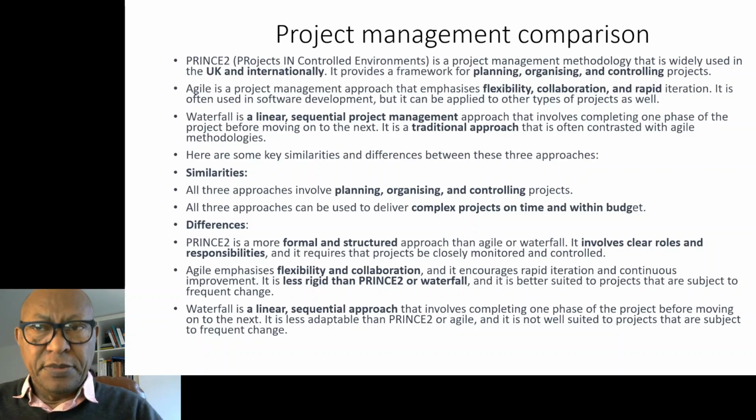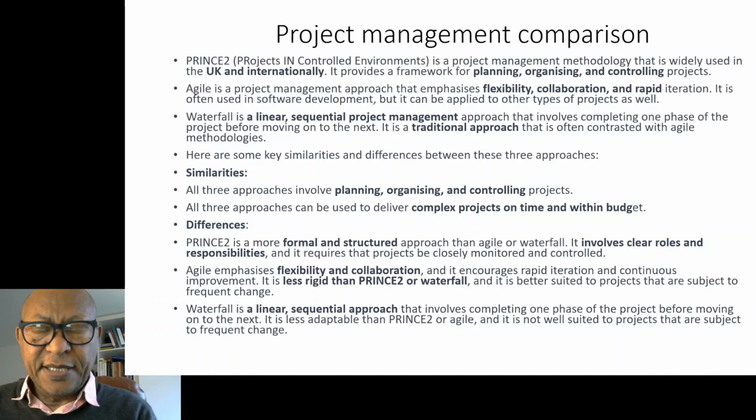Even though those three project management approaches can be used for different projects, they have their own strengths and weaknesses in here, and Agile is much more flexible. The Prince2 we're going to have a look at in terms of the detail of it.